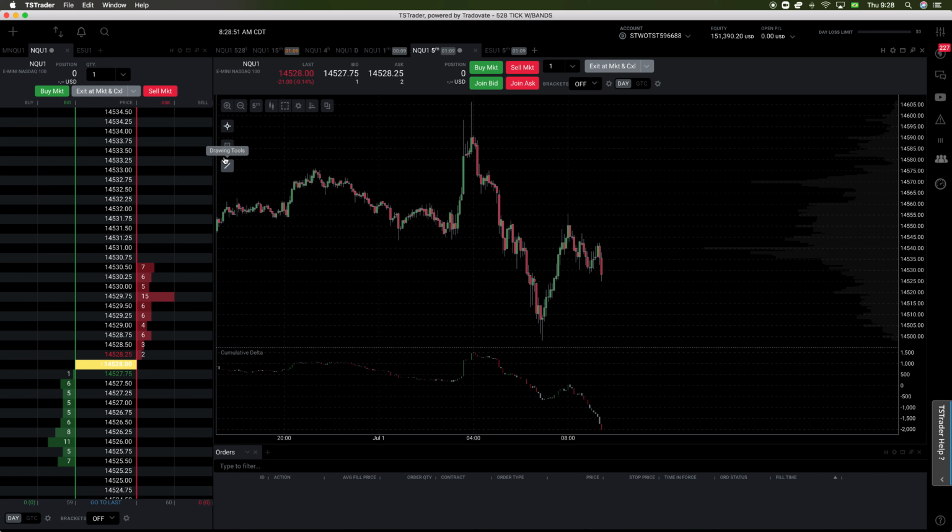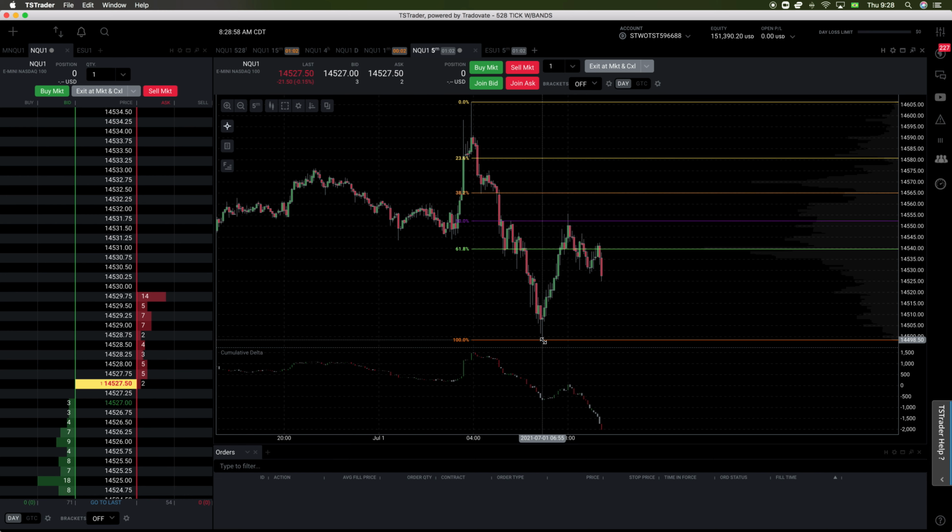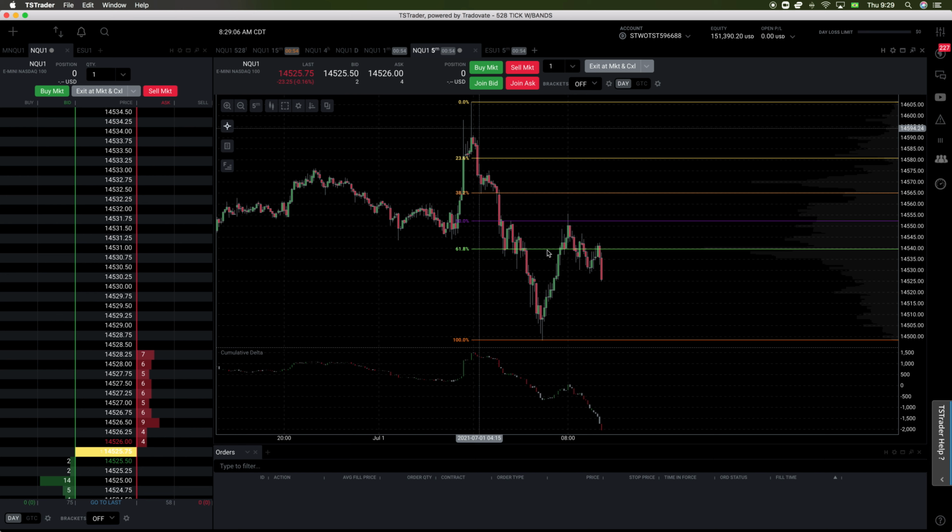Came back up. Let's actually try a Fibonacci retracement here and see if it works. A little fib level here. I don't really use Fibonacci retracements too often, but it is interesting to see when they work out perfectly, like it just did here.